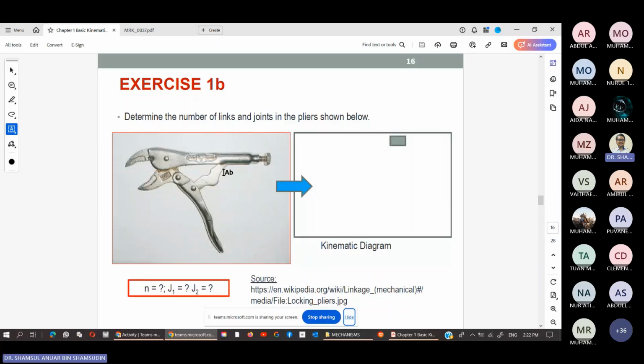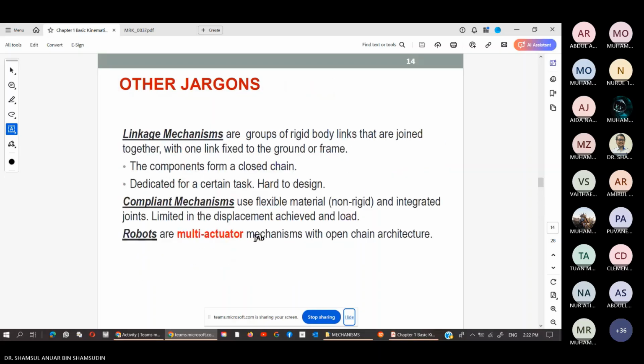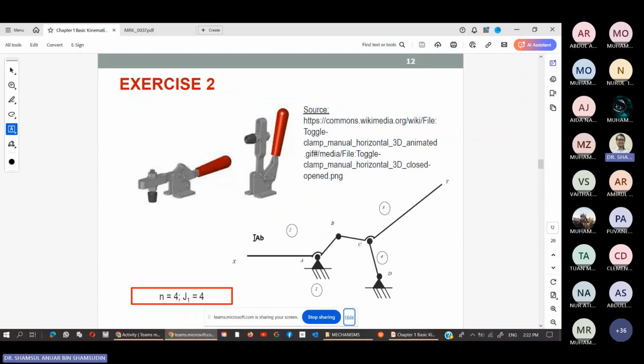In determining that, when you do the calculation, for example, this one, you have n is 4 and j1 is 4. n is labeled in the numbered balloons: 1, 2, 3, and 4.